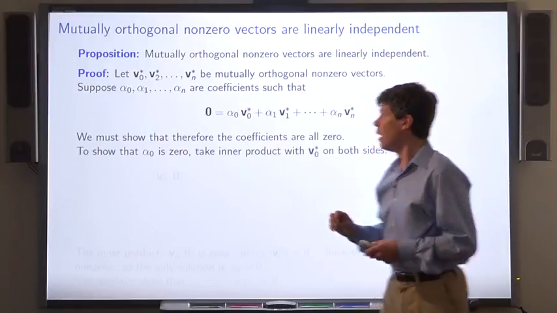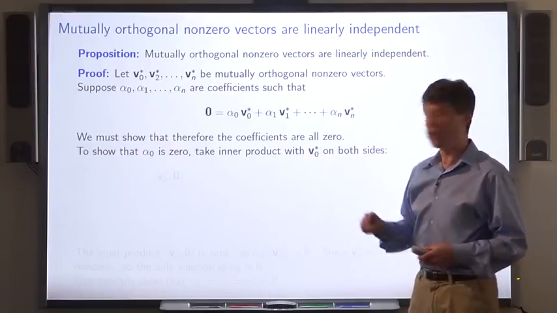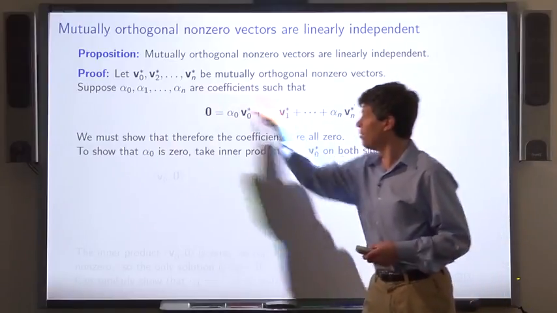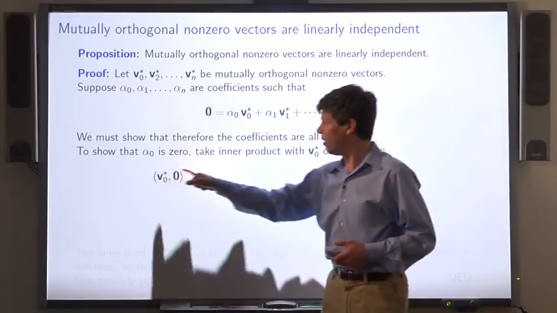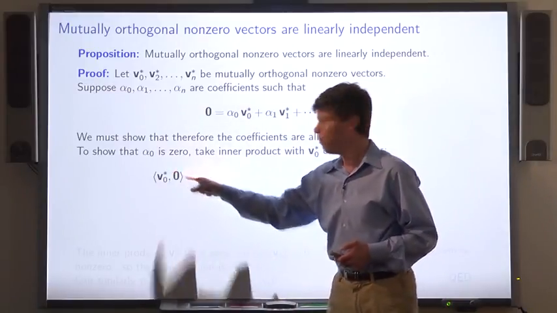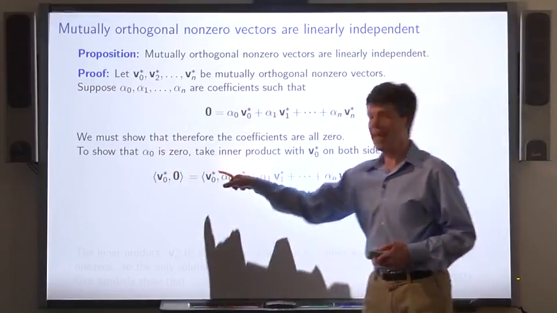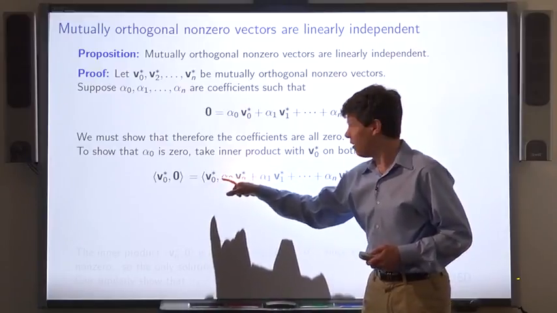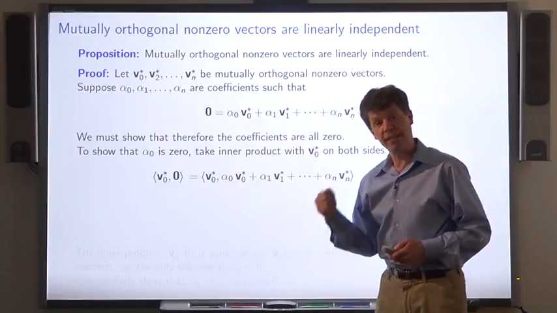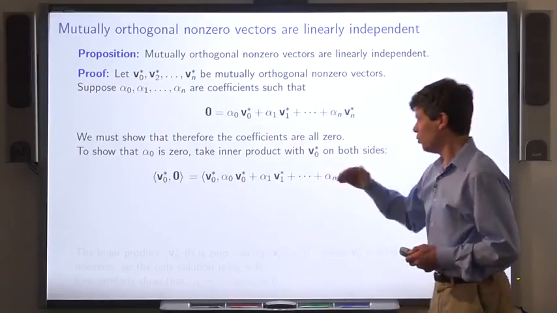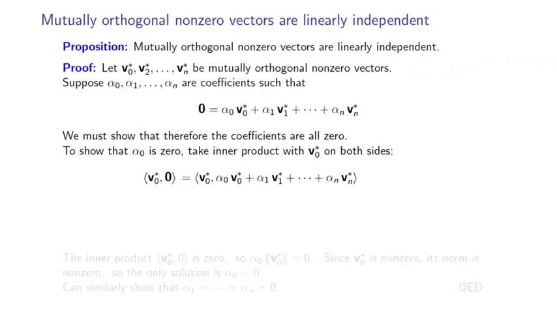We do that by taking the inner product with V0 star on both sides of the equation. On the left side, we take the inner product of V0 star with the zero vector. And on the right side, we take the inner product of V0 star with this whole expression, which, using algebraic properties of inner product, we can replace with this expression.